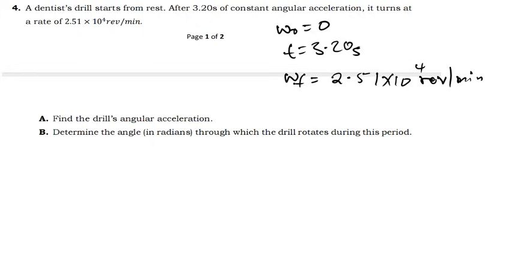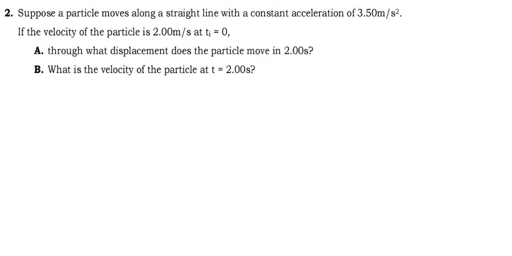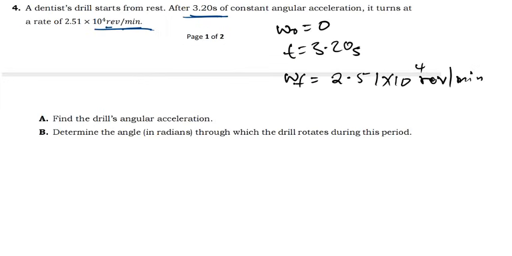I want to make things clear here. This time is in seconds and this is in revolution per minute. I can't work with revolution per minute because time is in seconds. Like I told you, these are the SI units we are going to be working with. So I need to convert from revolution per minute to rad per second.